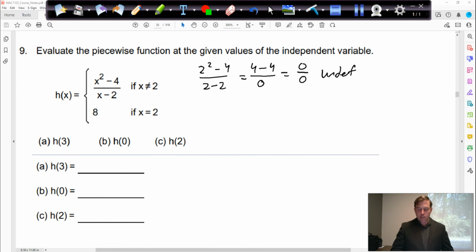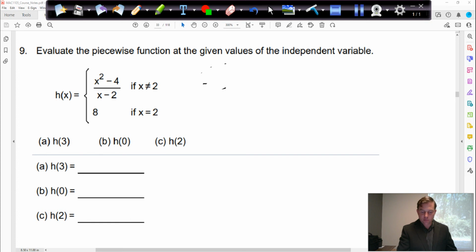So to get around that, they say, well, okay, when x is 2, let's change the value of the function to the number 8. So that gets around the problem I would have at x equal 2 in the top one, but not in the bottom one. But there's also something we can do with this top function. If you have two perfect squares, x squared minus b squared, you can factor that into a minus b, a plus b.